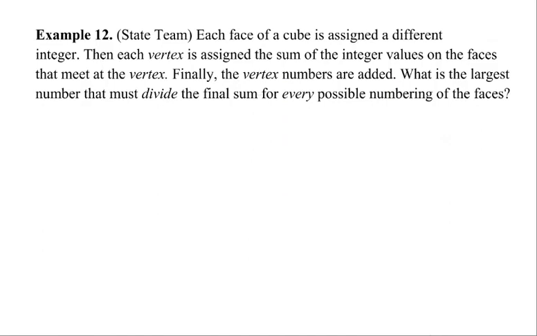Go ahead. So technically, I thought firstly of a cube that has the faces 1, 2, 3, 4, 5, 6, and then another cube that had the faces 1, 2, 3, 4, 5, and 7. Between those two, the difference is going to be 4, and the reason for that is 7 is 1 greater than 6.